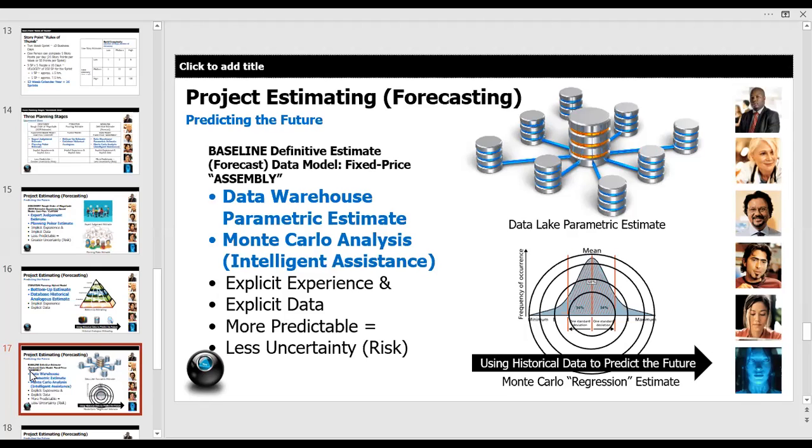So I call this really two types of estimates. The first one was expert judgment and planning poker, and then the second one was bottom up and historical analogous estimates. This one is, I'm just calling it data warehouse, parametric estimating, which then leads to Monte Carlo analysis, which is your intelligent assistance.